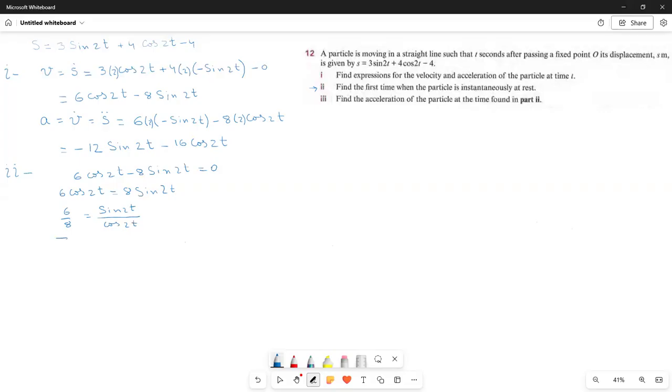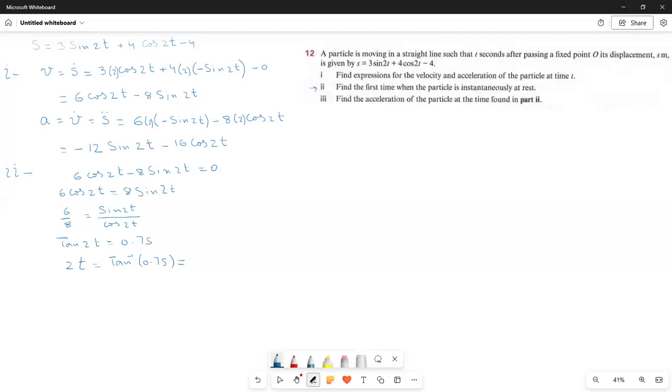So it will become tangent 2t is equal to 6 over 8, which means 3 by 4, that is 0.75. No problem. So from here I can see that 2t is equal to tangent inverse 0.75.